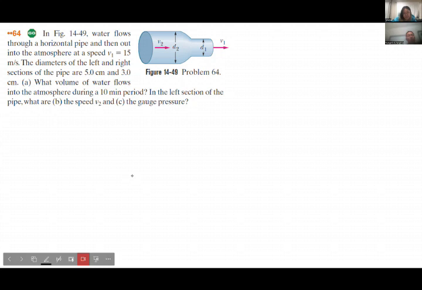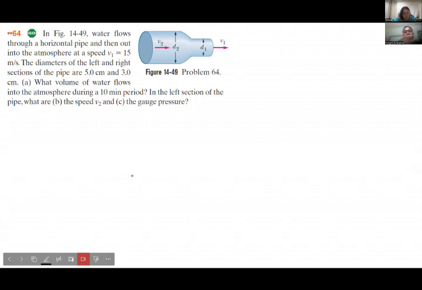By the way, the reason I didn't take into account the pressure part in the Bernoulli equation is that all the spots in the previous problem experienced the same amount of atmospheric pressure. So P1 and P2 are the same as P naught. So you don't have to worry about the pressure part.